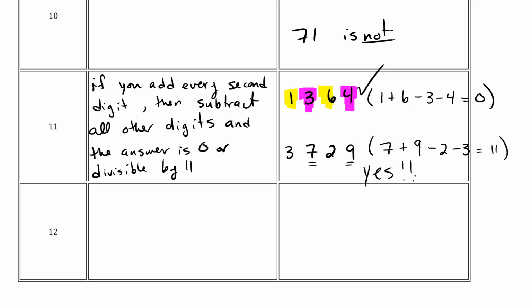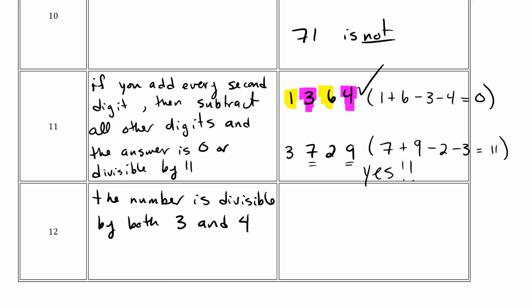12 is similar to 6. So we know that something's divisible by 12 if the number is divisible by both 3 and 4. So for example, 648, let's see if it's divisible by 3.